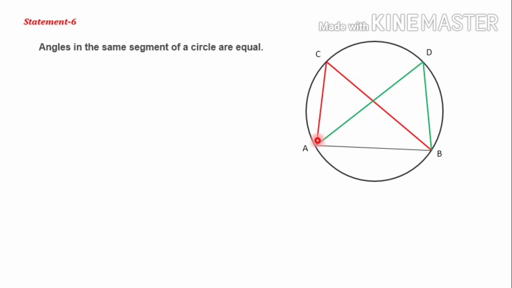That is what the result says. That is angle ACB and angle ADB. These two are angles on the same segment. They are equal. So if I mark this one as A and this as B, the statement says angle A is equal to angle B. Means angles in the same segment of a circle are equal.